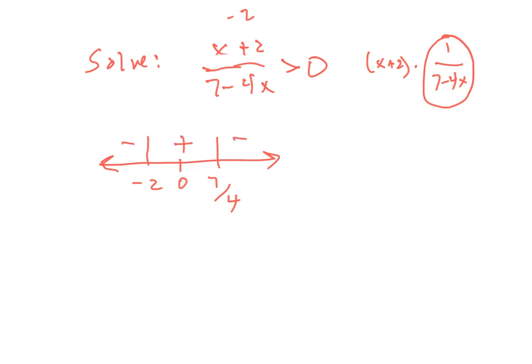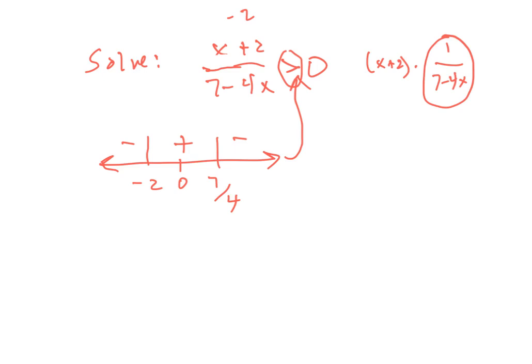The signs will alternate. And now, for the first time, I ask what exactly we wanted here. We want greater than 0. So once again, we pick the region in the middle.